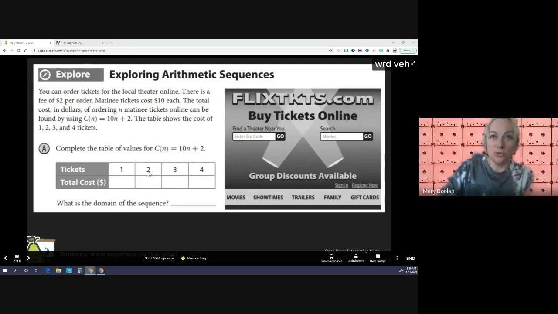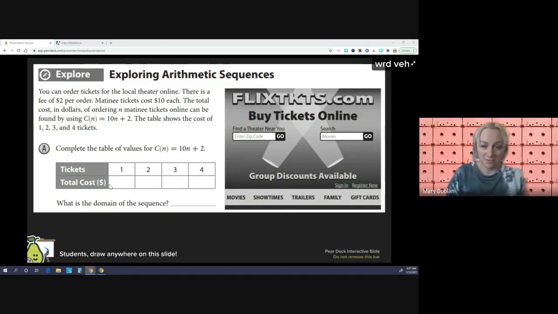If you plug a 2 in where the N is, 10 times 2 plus 2. What goes here? What goes here? What goes here? And then also, what is the domain of the sequence? We talked about domain and range of functions and sequences on Tuesday. Do you remember which numbers those are?